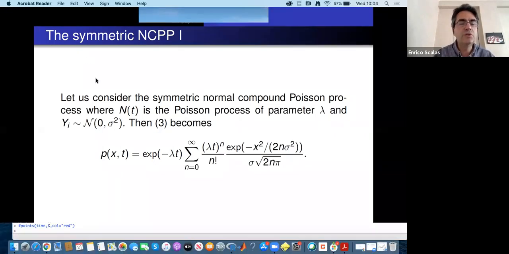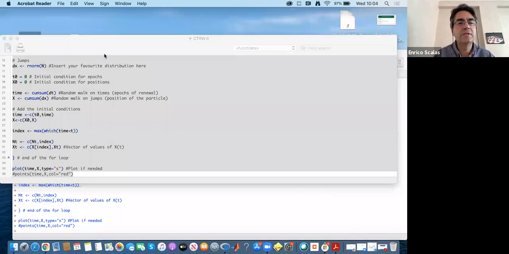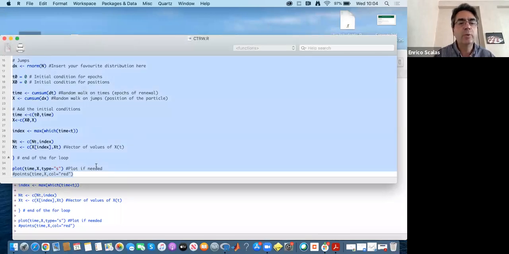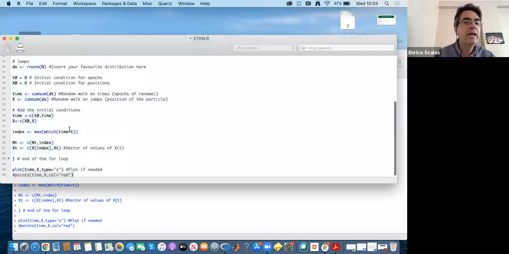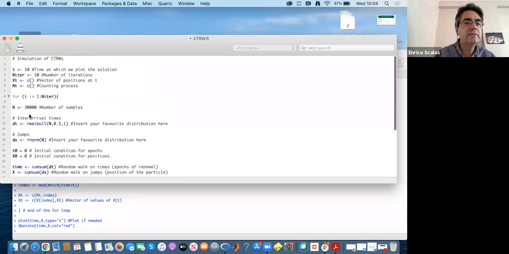If you want to simulate this process and check that this formula is working, you go back to this code here, which I will give to you later, and you just replace the variable distribution here with the exponential distribution.